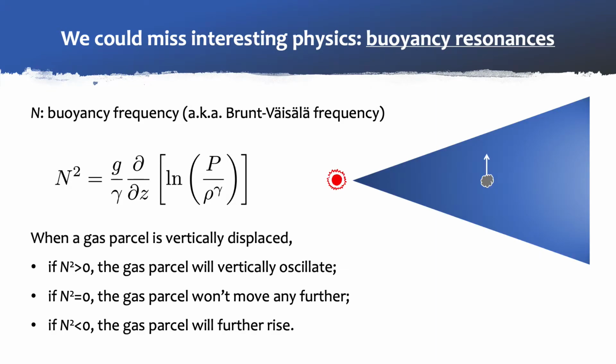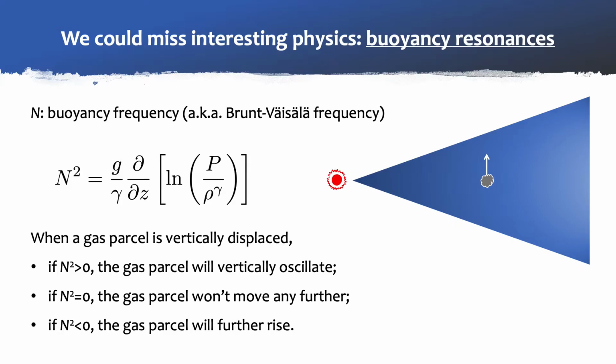And let's consider a gas blob here in the disk and let's perturb it vertically. Then when N squared is greater than 0, the gas blob will vertically oscillate around its equilibrium position. When N squared is 0, that means that there's no buoyancy.